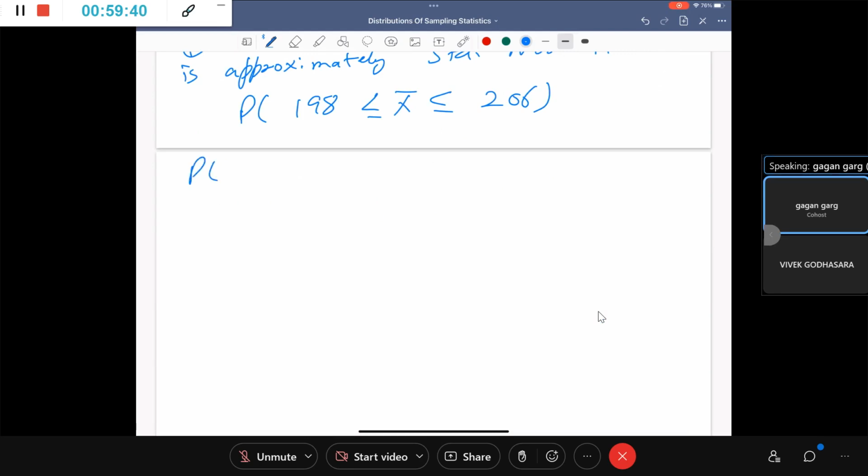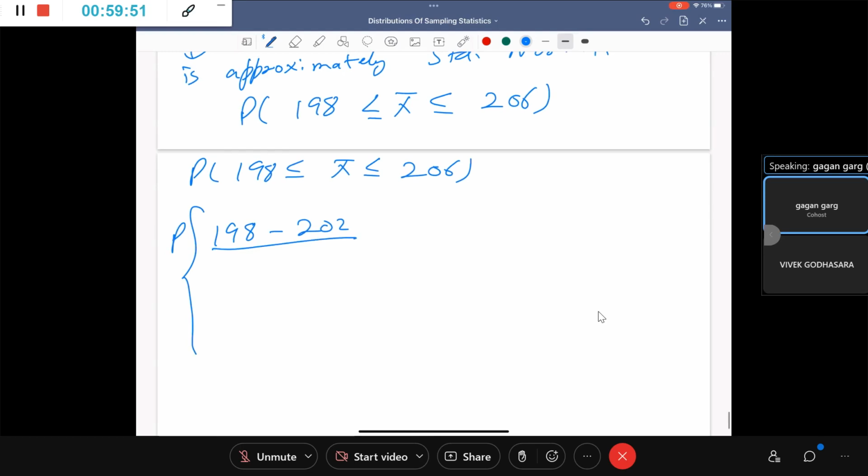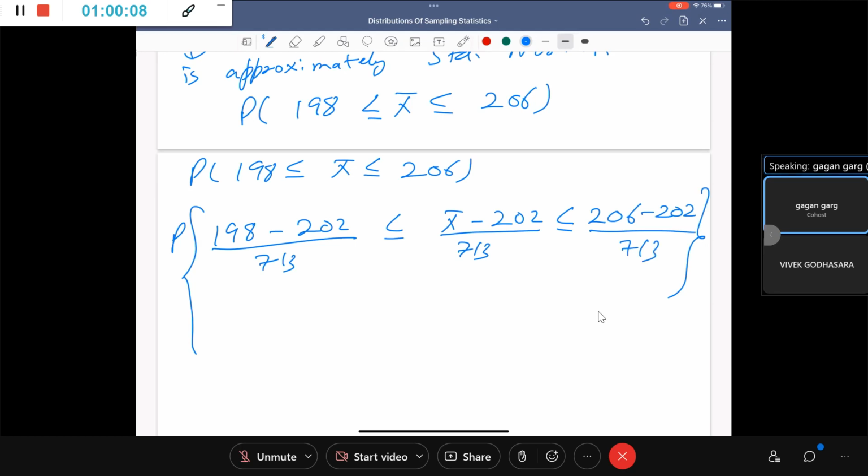So probability of 198 less than or equal to x bar less than or equal to 206 is probability of (198 minus 202) by (7 by 3) less than or equal to (x bar minus 202) by (7 by 3) less than or equal to (206 minus 202) by (7 by 3).